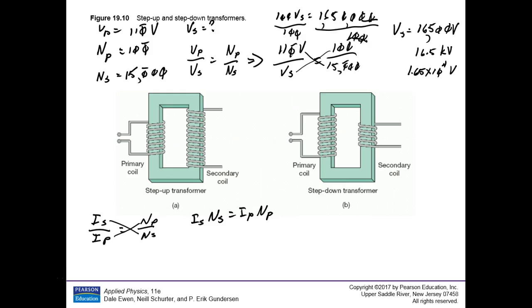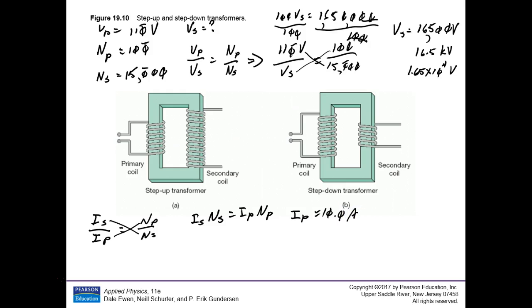Okay, example 5. The primary current in a transformer is 10.0 amps. What represents primary current? What's the symbol? I sub P, okay? And that's 10.0 amps.